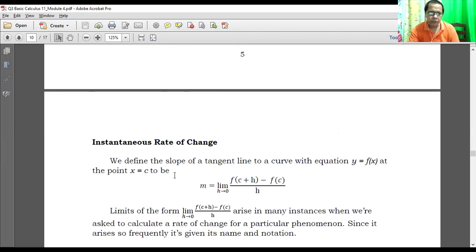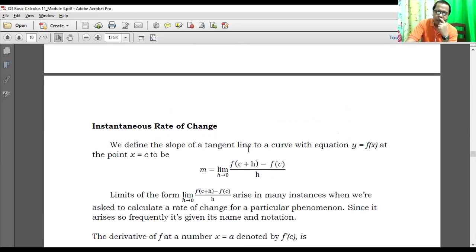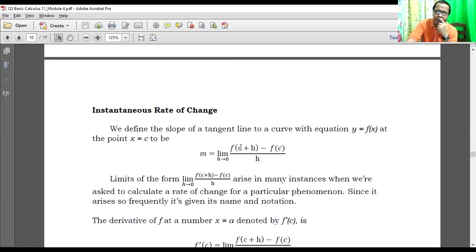Now, for instantaneous rate of change, this is the application, guys, that is mostly used when you need to calculate the rate of change of a certain phenomenon or certain physical quantity.